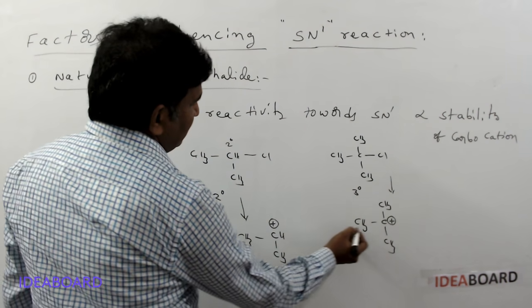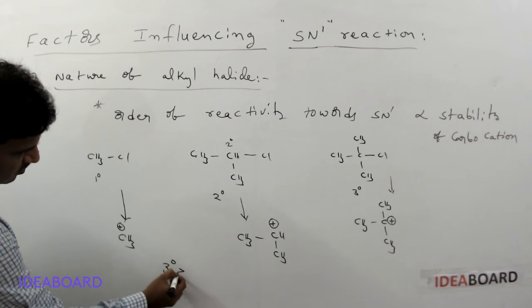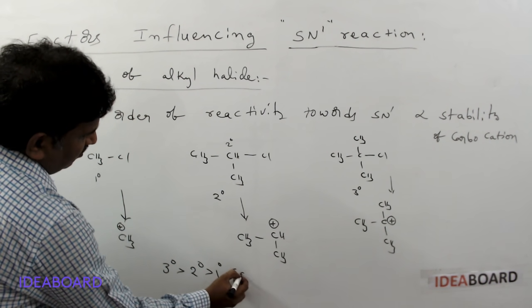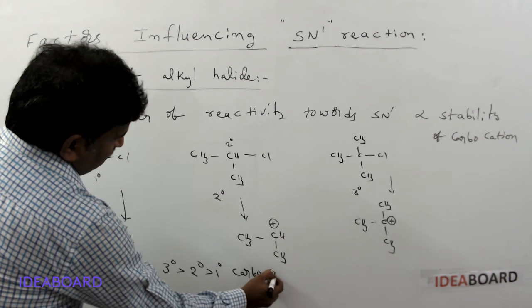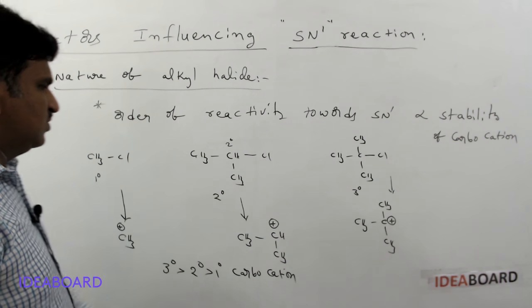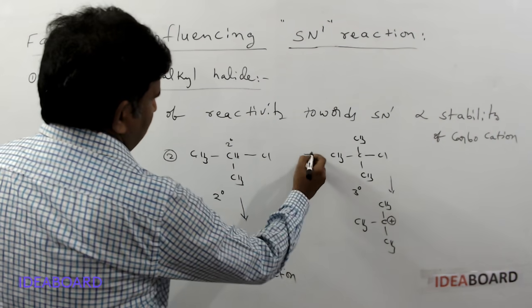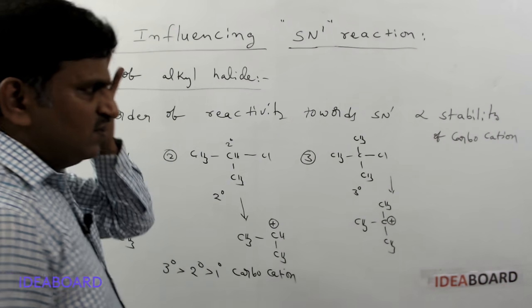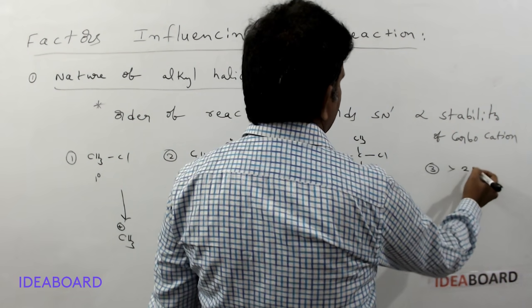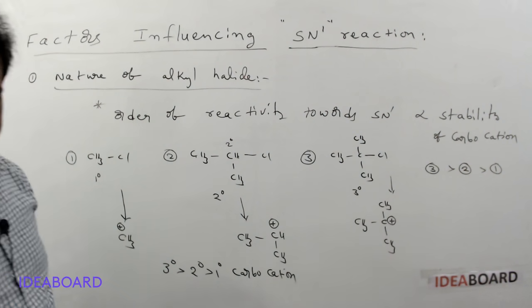So the stability of carbocations: tertiary is more stable than secondary, which is more stable than primary carbocation. Because of this reason, among these three compounds, the third compound undergoes SN1 reaction more readily than the second compound, than the first compound.